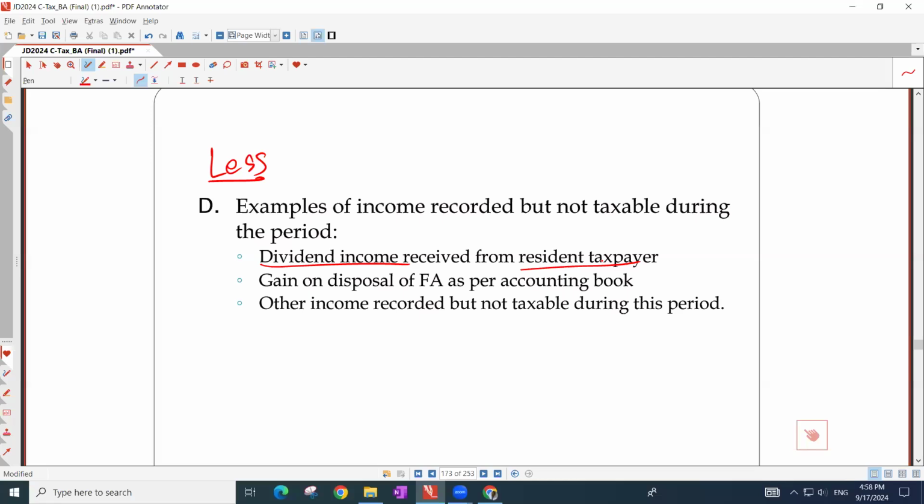And gain on disposal of assets as per accounting books. Which, I believe, can be asset class 2 and 3 mostly. Class 1, sometimes if there is a gain per accounting, you also need to add back. Maybe other income not recorded. This is maybe some unrealized gains.